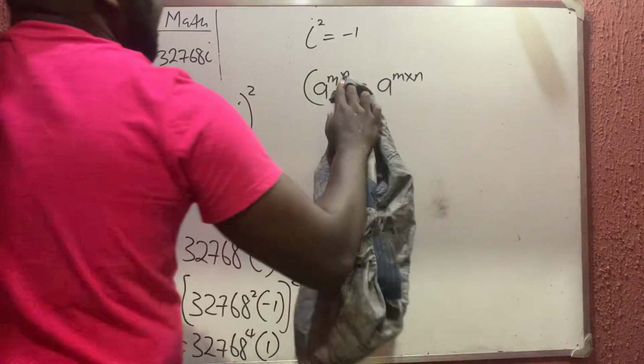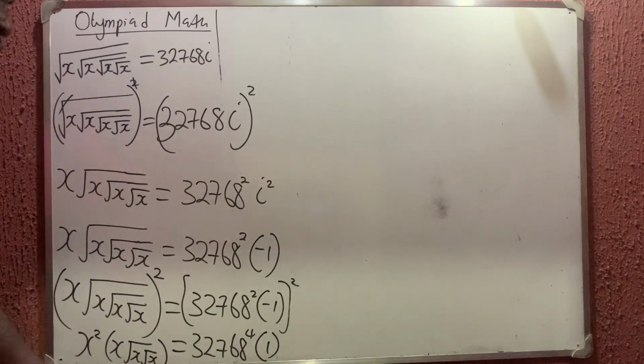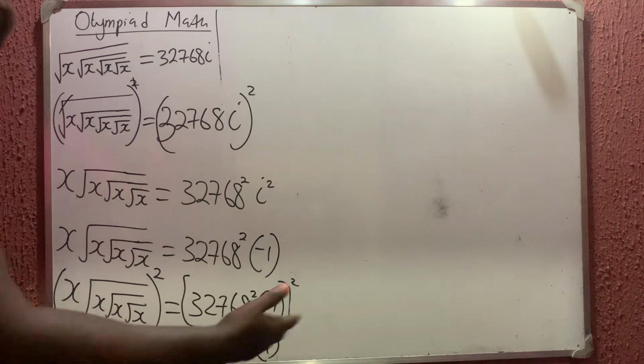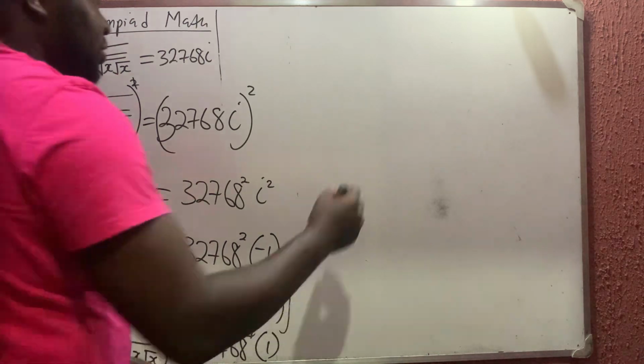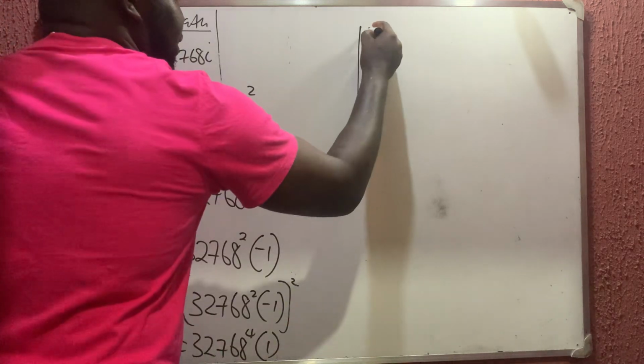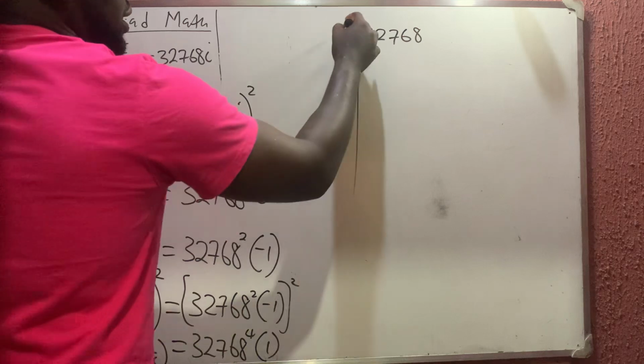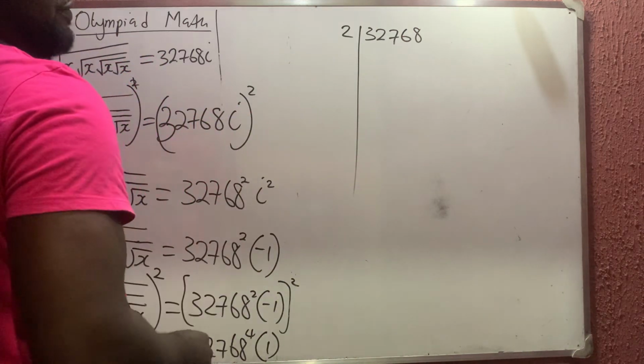Now if you are panicking about this big number, what you will try to do is to reduce it so that everybody will be in index form. So how do we reduce that? Let us have 32768. Now to divide, the least thing that can divide there is 2.